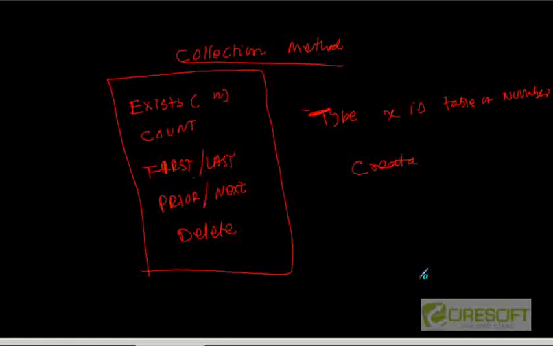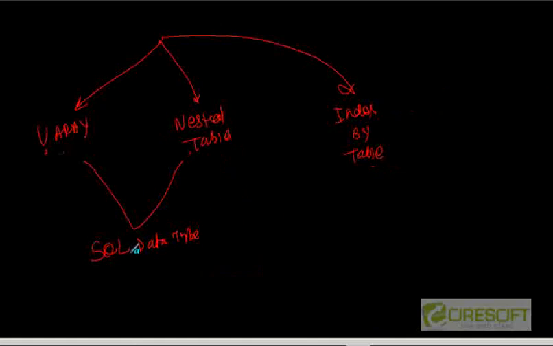So whatever we create and manipulate in the PL/SQL layer, we can just do an insert into the table and dump the VARRAY directly there. That is the power of VARRAY and nested table, whereas with index by table, you cannot create a SQL data type out of this.